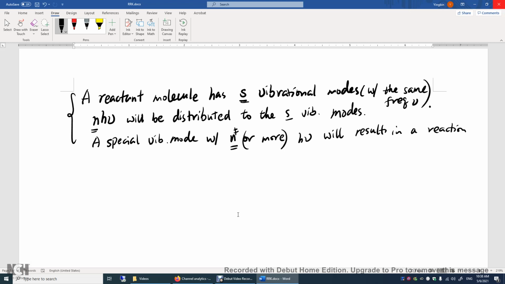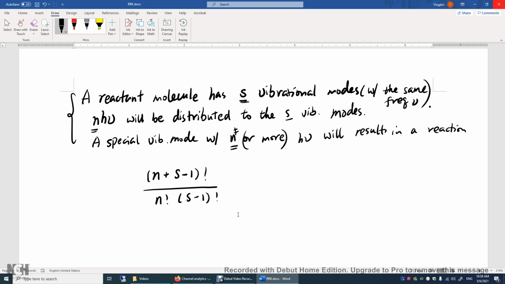Now we're going to distribute the N energy quanta to S vibration modes. We derived this equation before. It's going to be N plus S minus 1 factorial over N factorial and S minus 1 factorial.